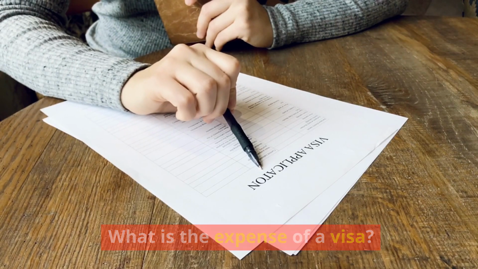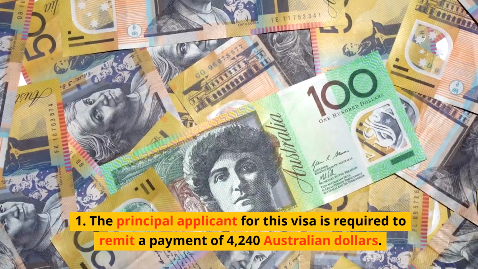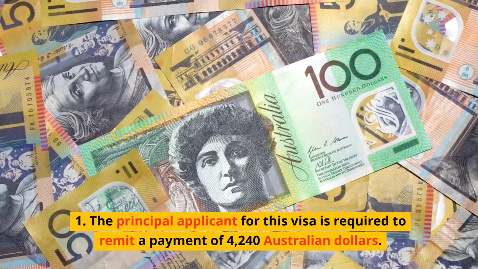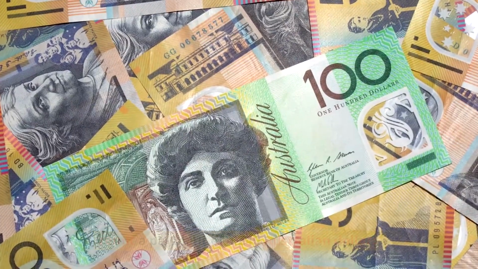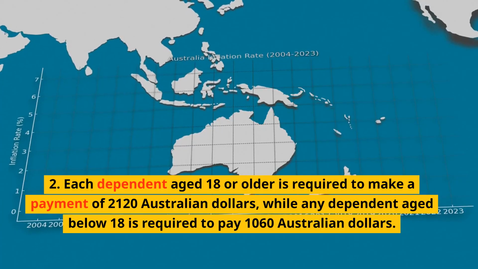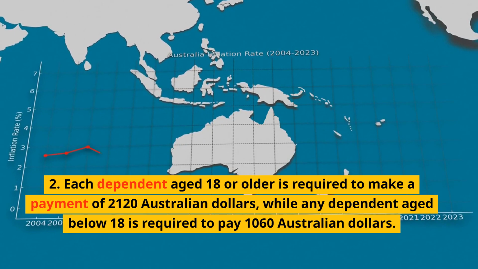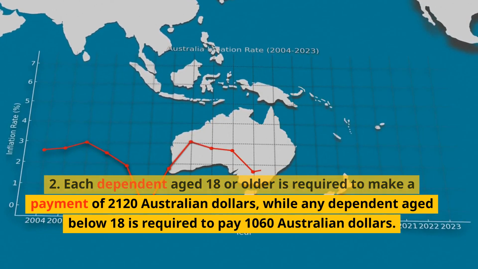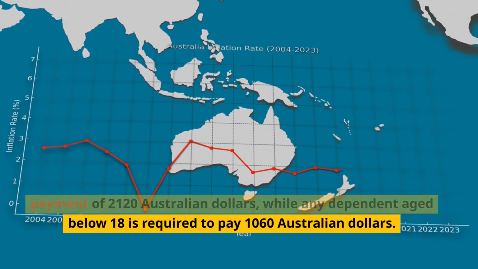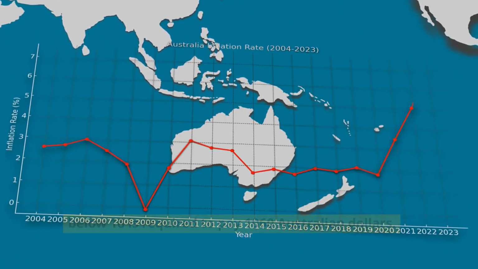What is the expense of a visa? The principal applicant for this visa is required to remit a payment of 4,240 Australian dollars. Each dependent aged 18 or older is required to make a payment of 2,120 Australian dollars, while any dependent aged below 18 is required to pay 1,060 Australian dollars.